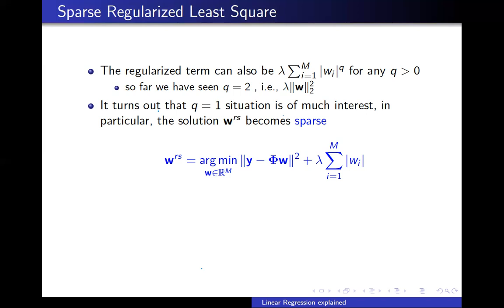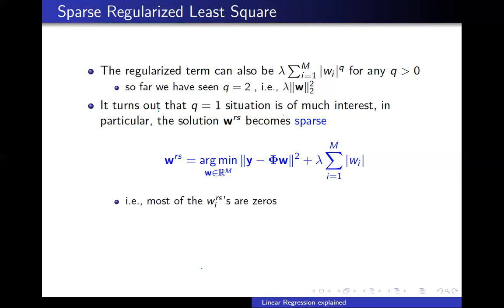So you may have, let's say, 100 different features, but if the W vector has only 30 non-zero terms, then your linear model will be dictated by the linear combination of those 30 features, and the other 70 features may be redundant in explaining your model.